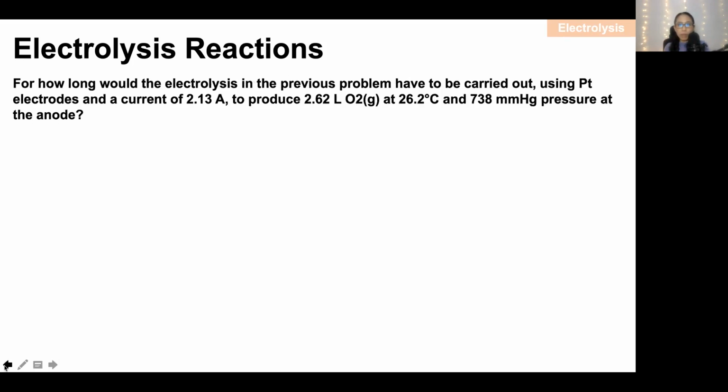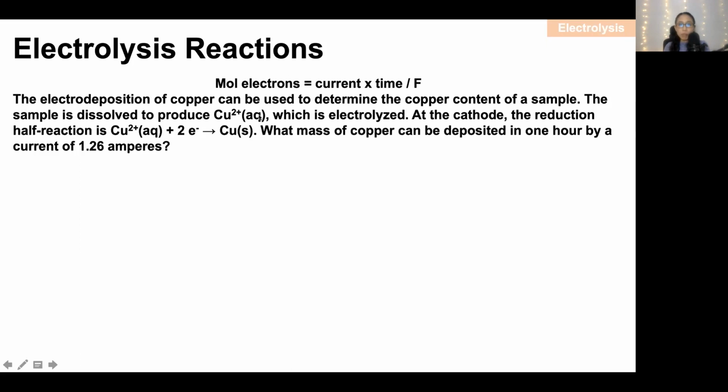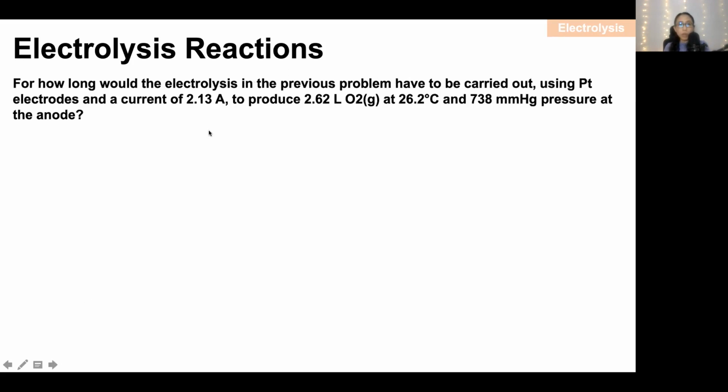This time, we used a platinum electrode. So you have a platinum electrode, which means you don't have the solid copper. So you won't electrolyze solid copper. What you want to do is electrolyze water, so you can get the oxygen gas. So that means water is being oxidized into oxygen gas.